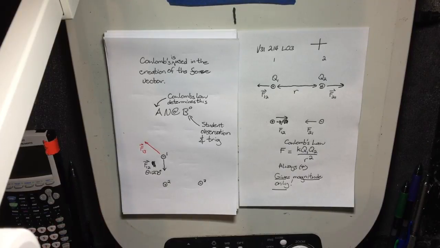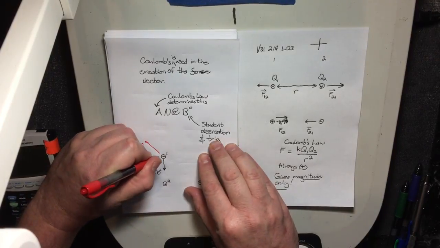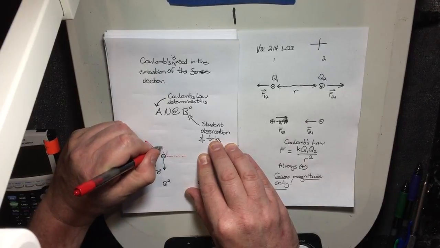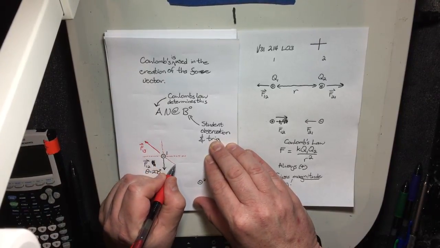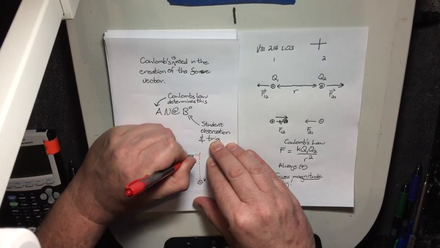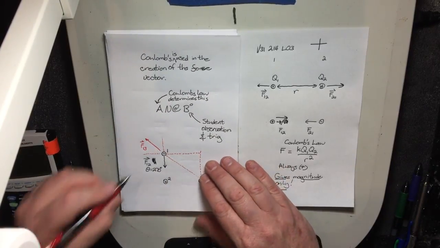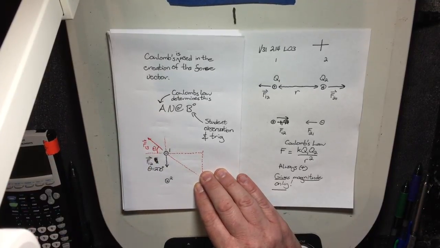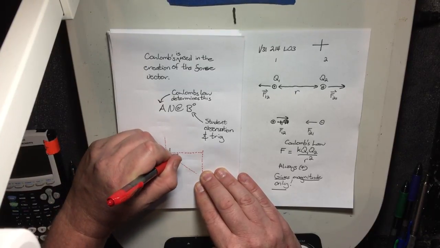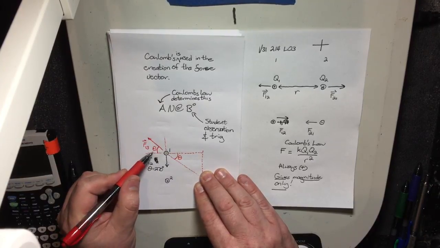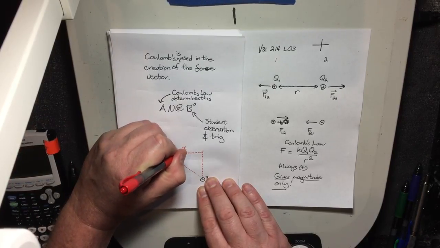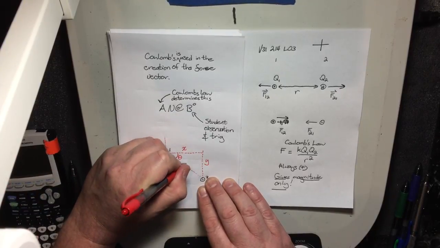Now, one of the questions that we have is, well, how do you get the direction? And what you kind of do is you build just your little bit of trig. And this angle here, because this line and that line cut through the charge, that theta is the same as this theta. And that theta is what we would want. And let's say, for the sake of argument, that this is x and that is y. So this is r.